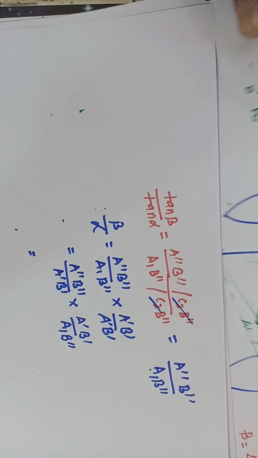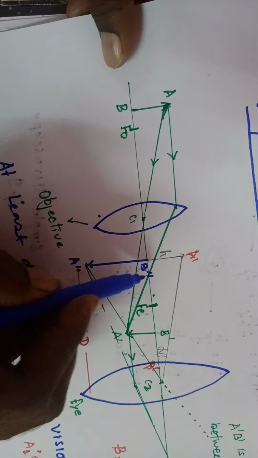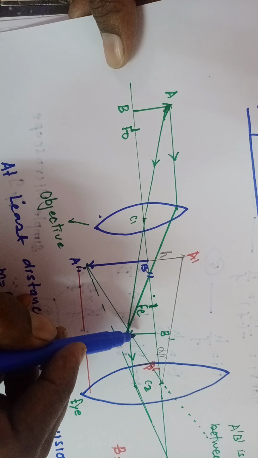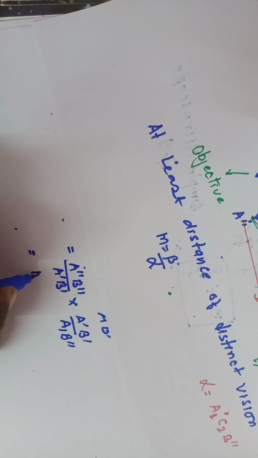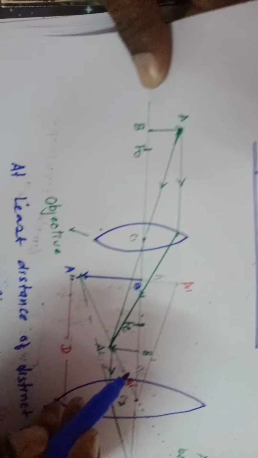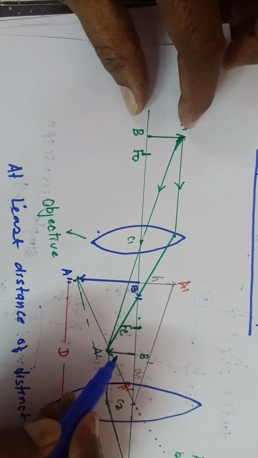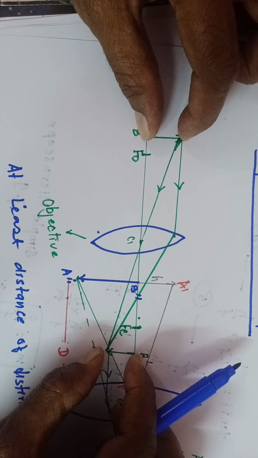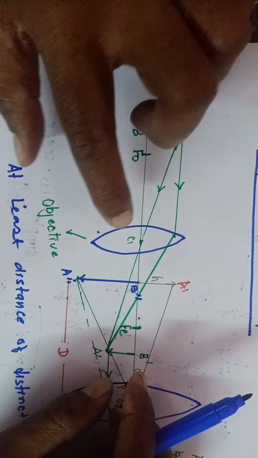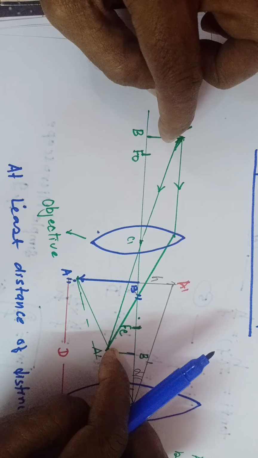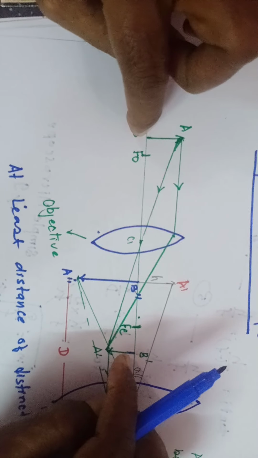Now see here, you can see A double dash B double dash upon A dash B dash. For that, AB is an object, so it is the magnification power Me, and A dash B dash is the image for this object. For this lens, object and image, this will be Mo, which will be A dash B dash upon AB.